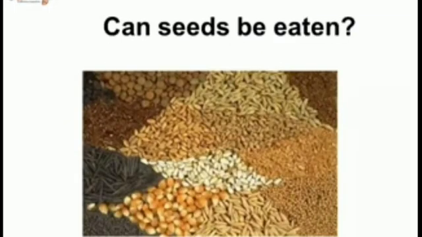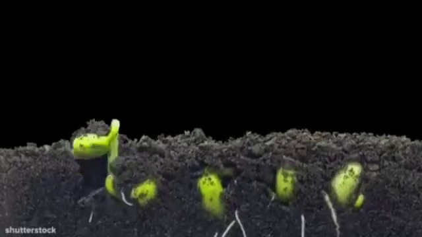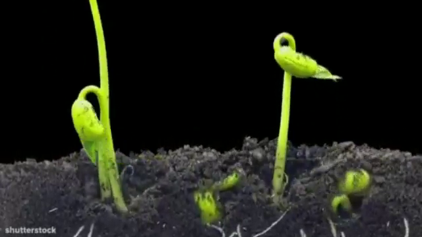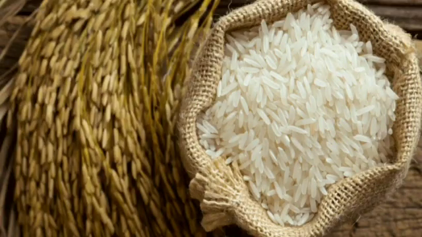Students, many of us think that seeds cannot be eaten, but actually, our main food, that is cereals and pulses, consist mostly of plant seeds. Do you know, students, the rice which we eat is actually the seed of the rice plant.